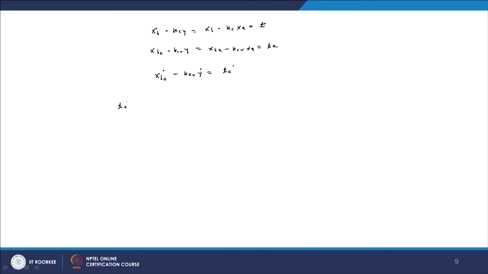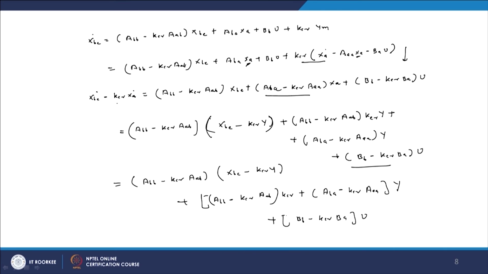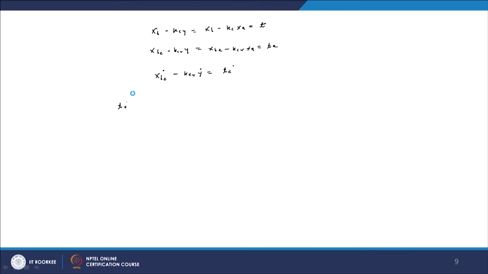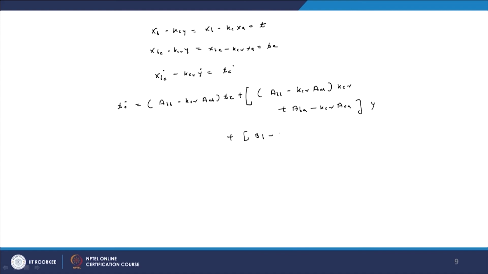Therefore, this equation XB dot minus KER into XA dot, that is T dot, equals ABB minus KER AB into T plus ABB minus KER AB into KER plus ABA minus KER into AAA into Y plus BB minus KER into BA into U.